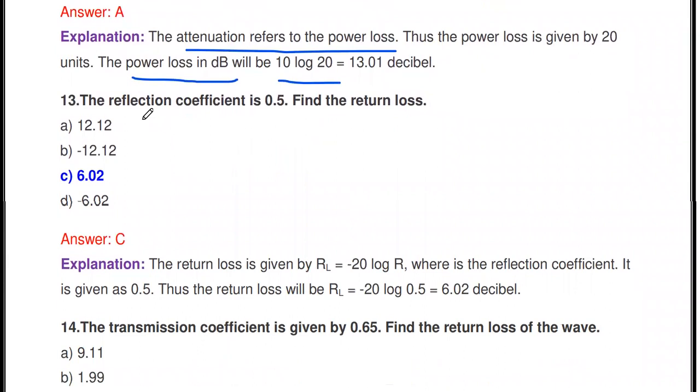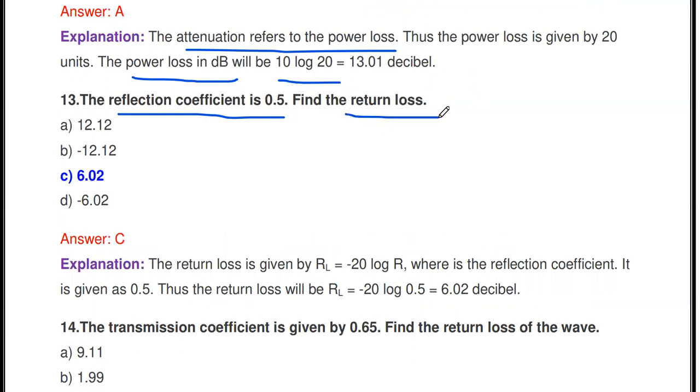Then the next thing, the reflection coefficient is 0.5. Find the return loss. Okay. So what is the relation between reflection coefficient and return loss? The return loss in dB is given by RL equal to minus 20 into log of reflection coefficient.